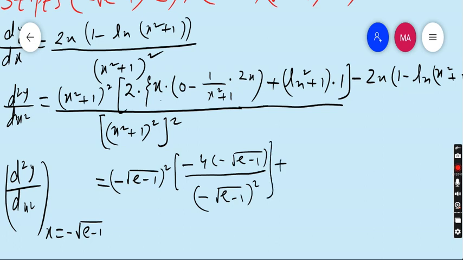Sorry, this should be ln(x square plus 1), so x is minus root of e minus 1, whole square, bracket close.